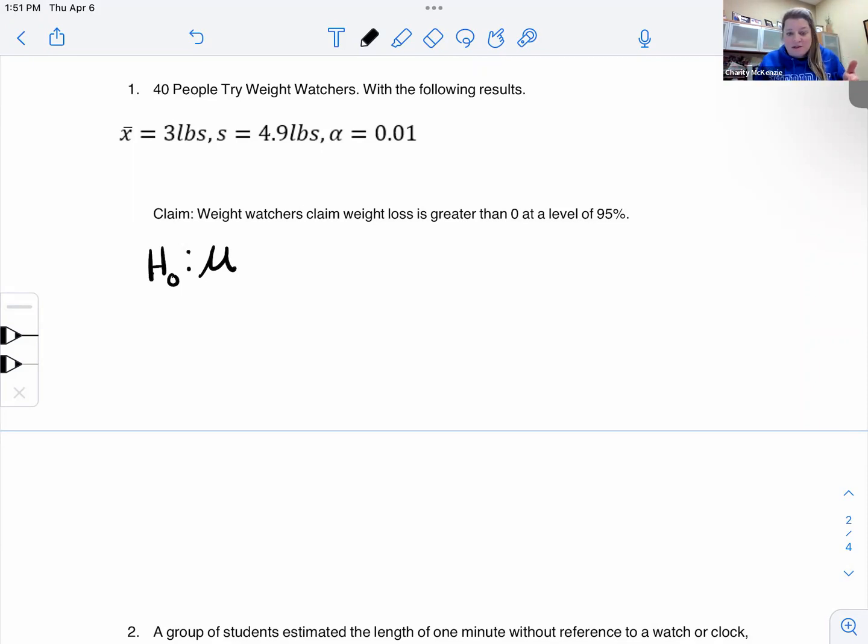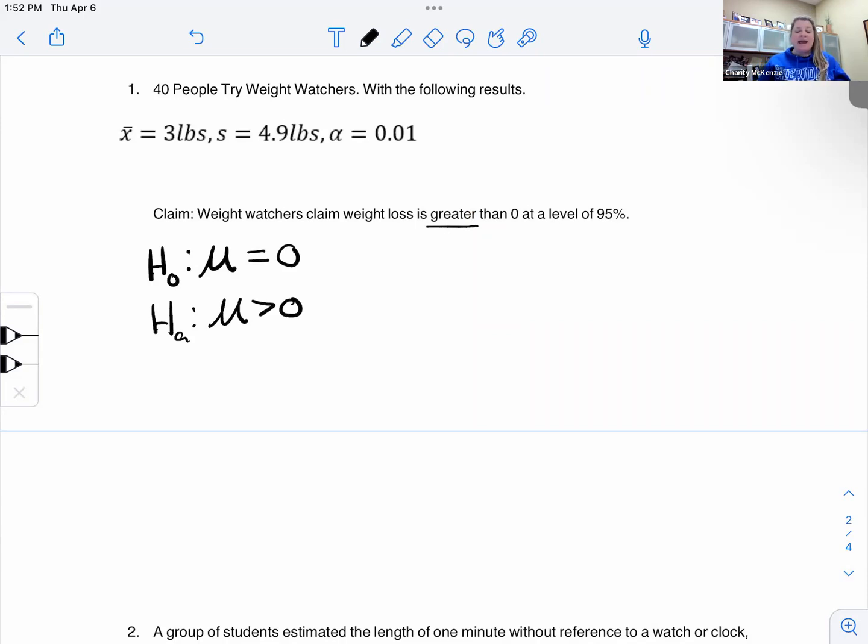Then it asks which value is in the claim. We don't want to look at our values up here, the 3 pounds. We want to look at what the claim is. The claim is anything bigger than 0. So we're going to have our null be equal to the 0, and our alternative will be that we have a weight loss greater than that 0.